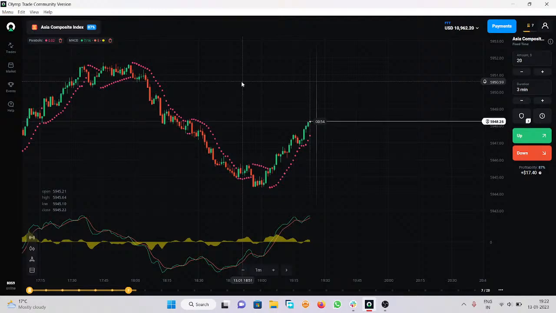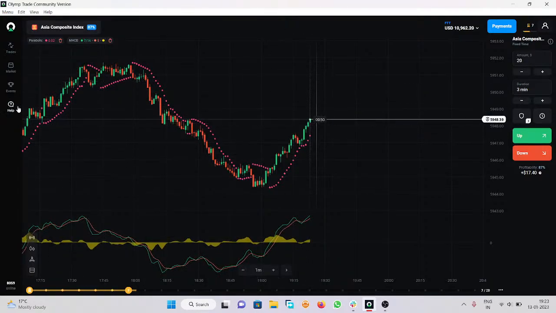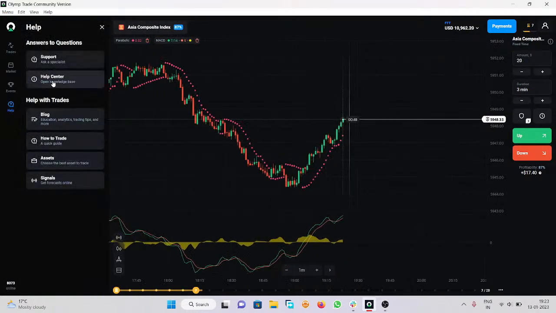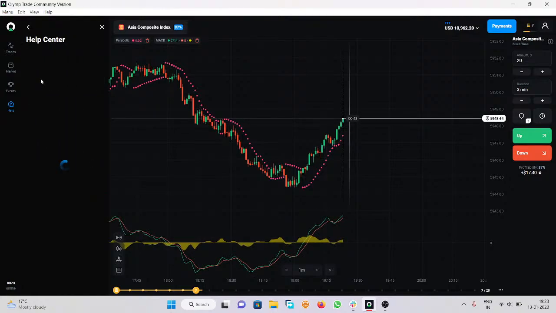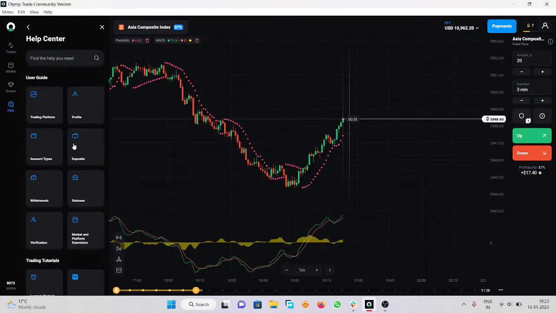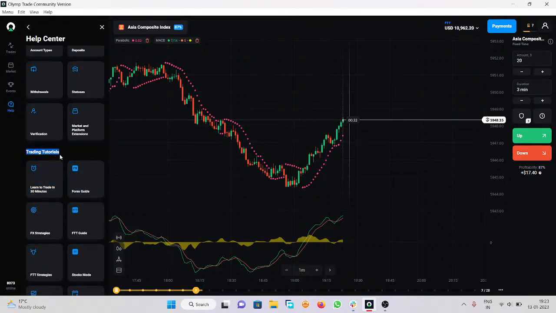Bro, how to use the pivot point indicator? Sir, whenever you need any kind of information about indicators or strategy, we have a proper way. There is a help center over here. In the help center there are 3 sections. One section is the user guide, which covers your basic knowledge, and then trading tutorials.